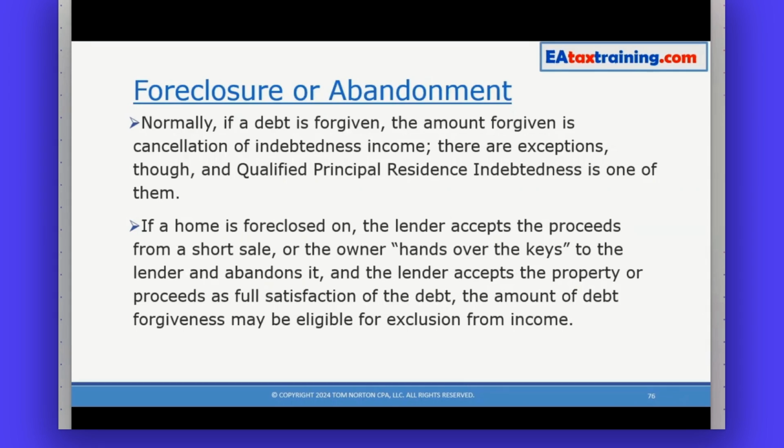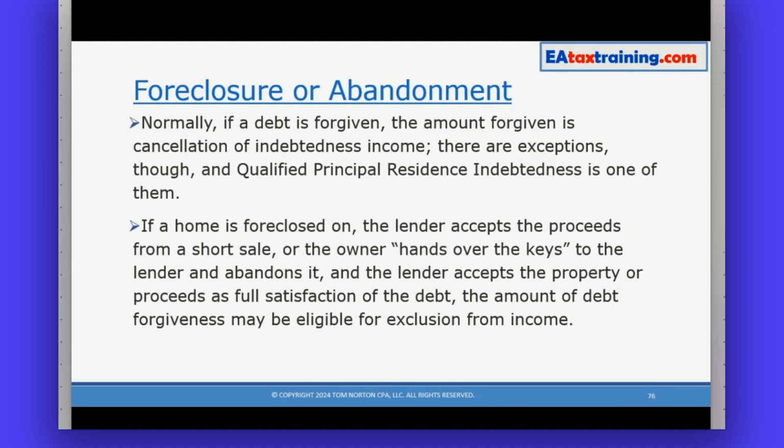Foreclosure or abandonment on your home. So normally, as we talked about in a previous video, if a debt is forgiven, the amount forgiven is cancellation of indebtedness income. But there are some exceptions, as you'll recall, and one of those exceptions is for qualified principal residence indebtedness.